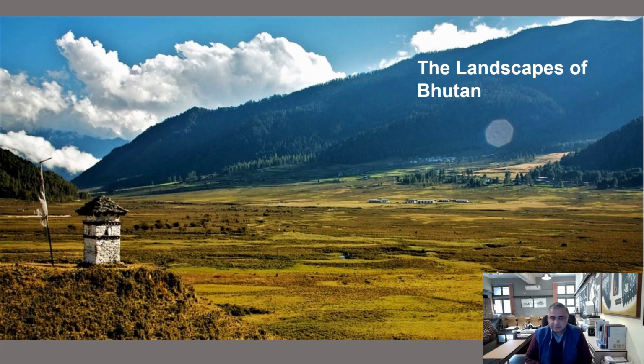The landscapes of Bhutan do not distinguish between the mountains, the valleys, the skies, and the structures in between. Even a blade of grass gets included the moment you say the landscapes of Bhutan. Even the tall and mighty mountains get included.